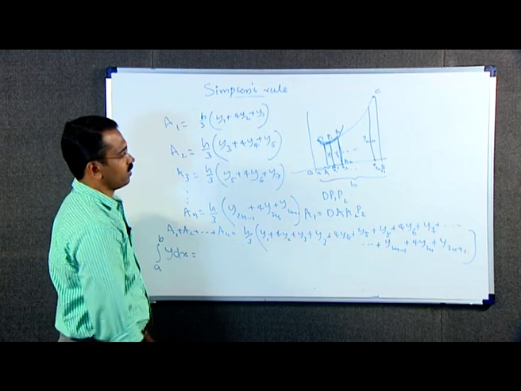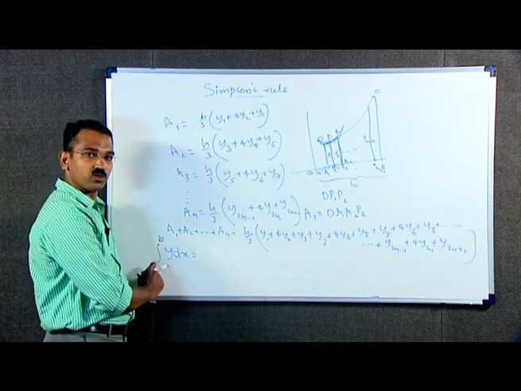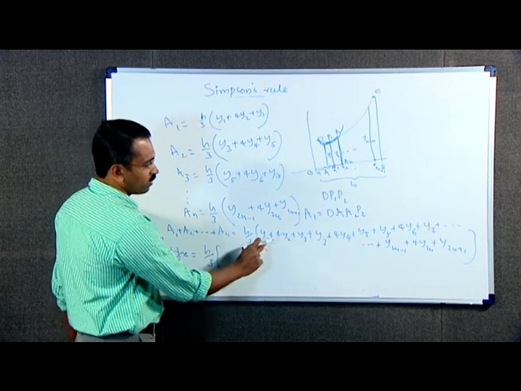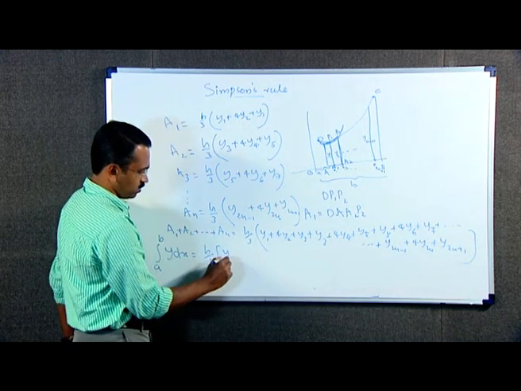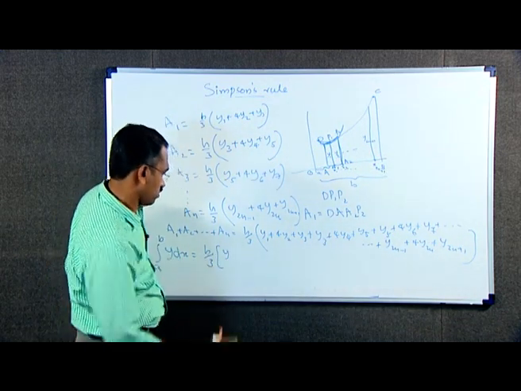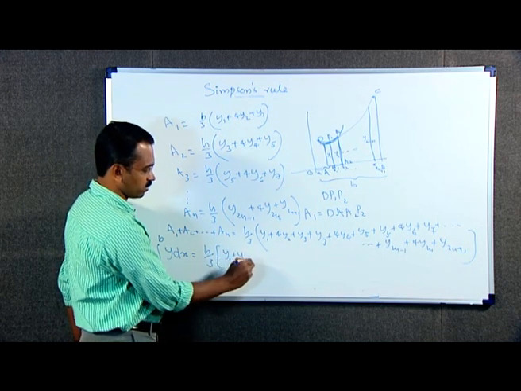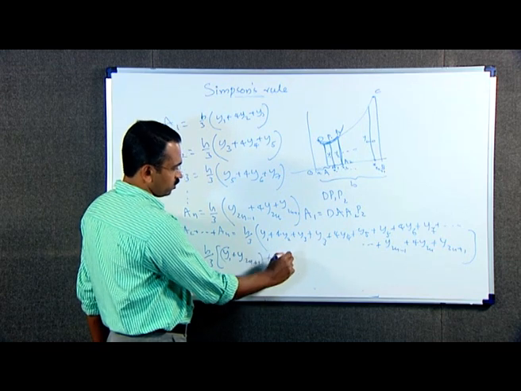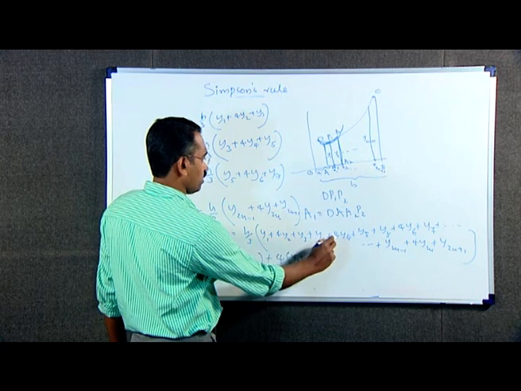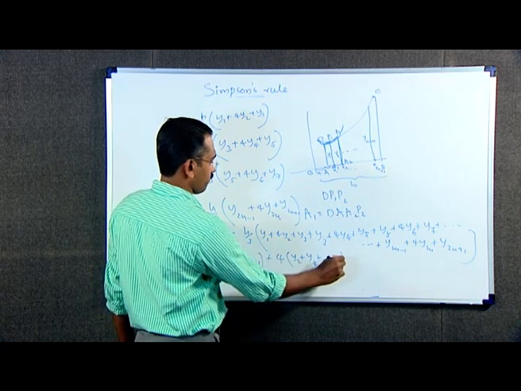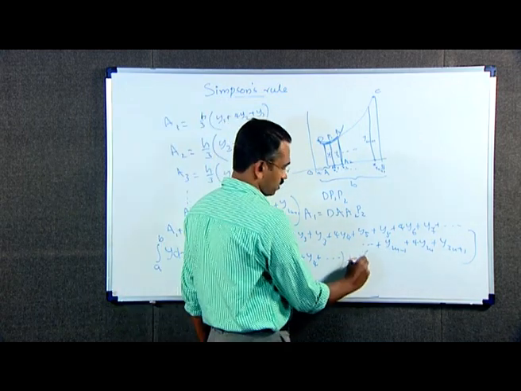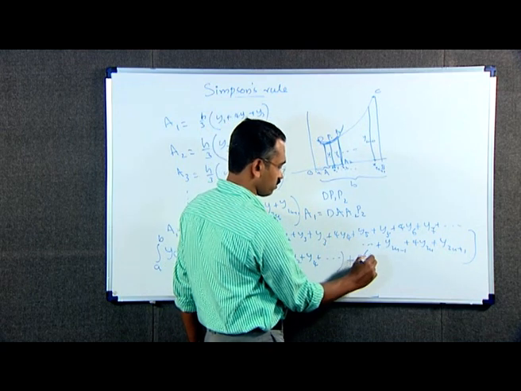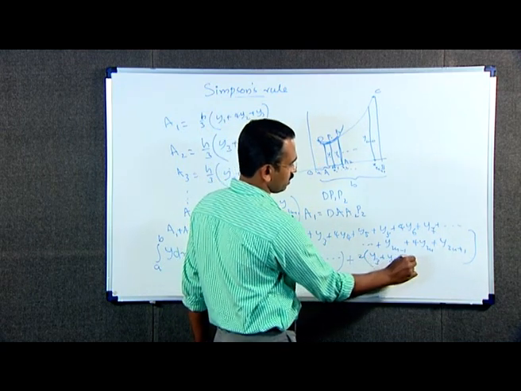Therefore, the integral from a to b of y dx is equal to h by 3 into y1 plus y2n plus 1, plus 4 times y2 plus y4 plus etc. plus 2 times the remaining ordinates, that is 2 times y3 plus y5 plus y7 plus etc.